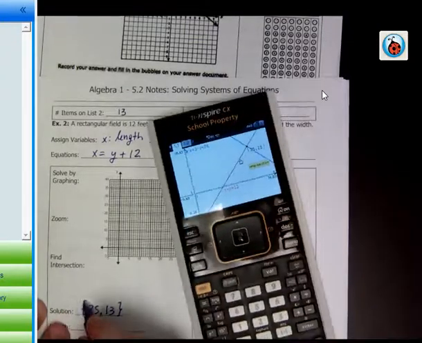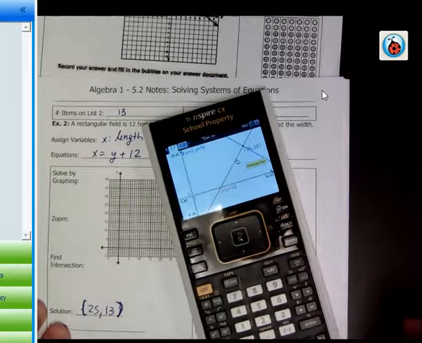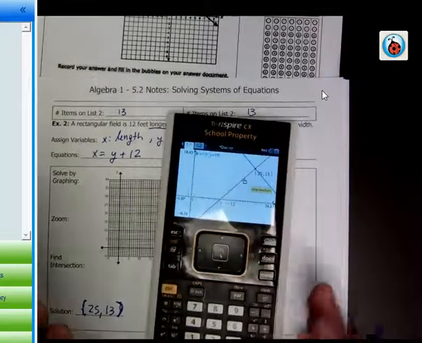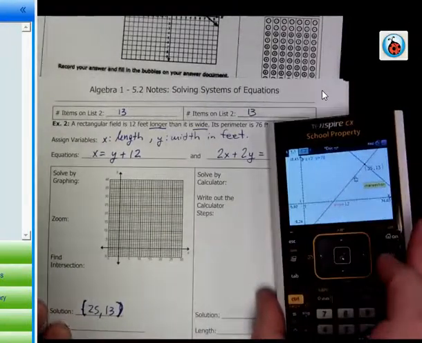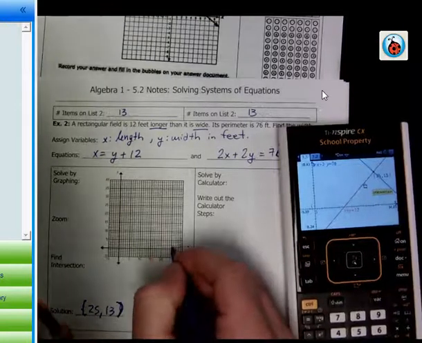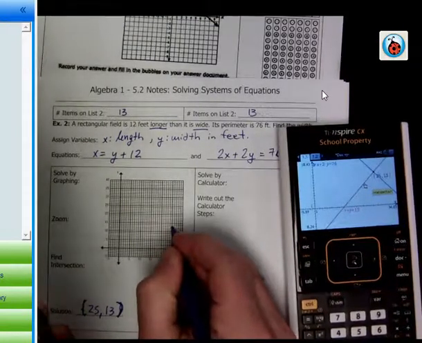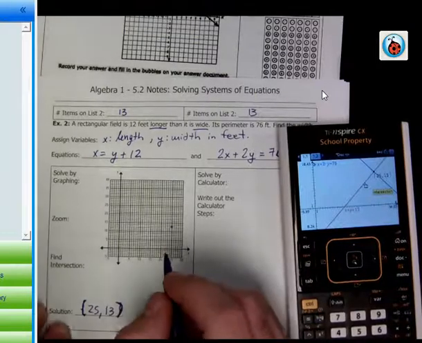Okay, or let's use parentheses. So 25, 13 is my intersection. Okay.